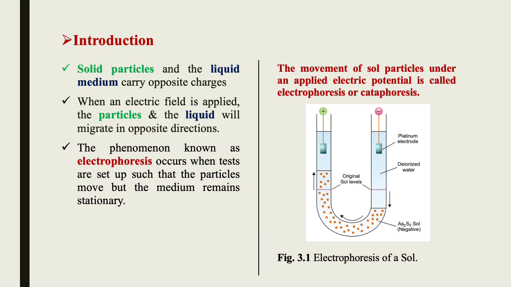So in electrophoresis, the only thing moving is the particles, and the medium, here taken as deionized water, remains constant or stationary. So only one is moving, and that phenomenon we call electrophoresis.